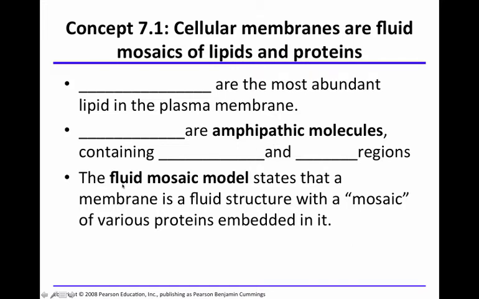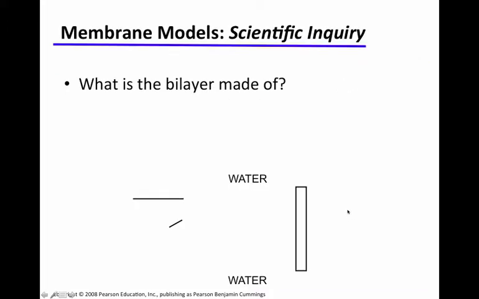And the fluid mosaic model states that a membrane is a fluid structure with a mosaic of various proteins embedded in it. You think of a mosaic, you think of multiple images. So this model talks about the membrane having various proteins embedded in it, similar to a mosaic.